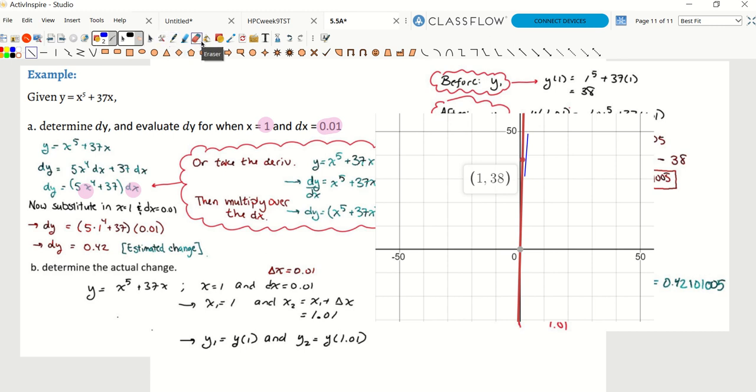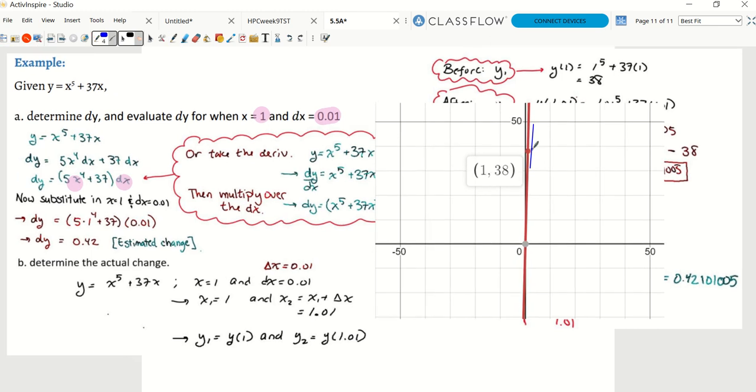Now, what it's saying with the change in x is, let's say I got this equation of a line, and this point is 1, 38 right here, and let's say I change x to the right by 0.01.